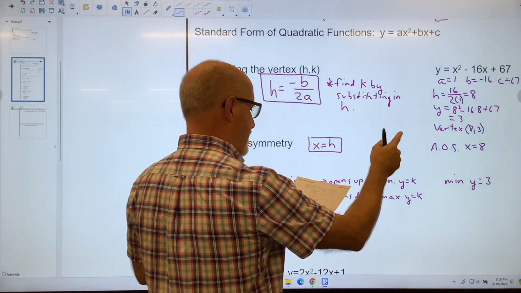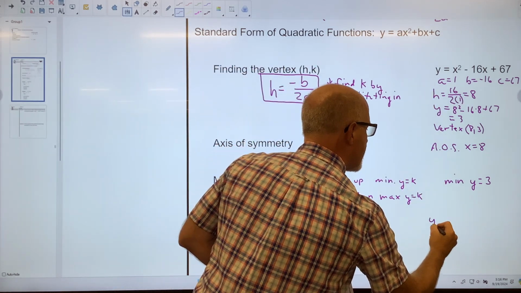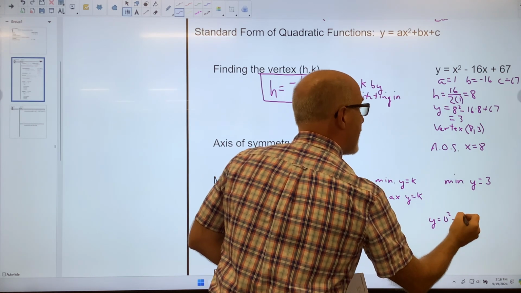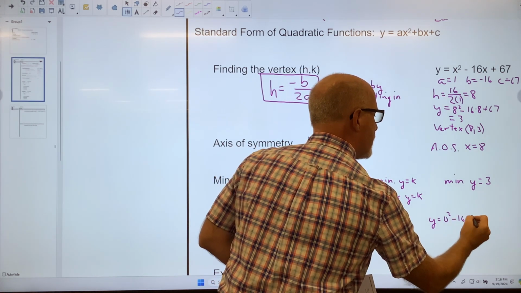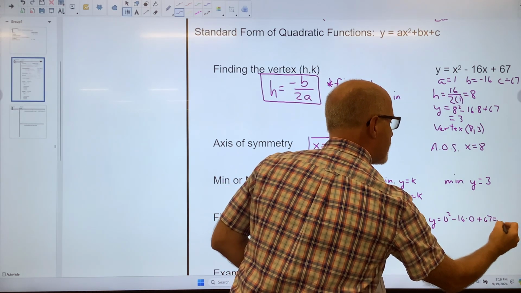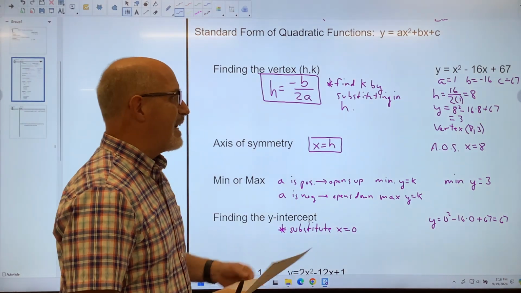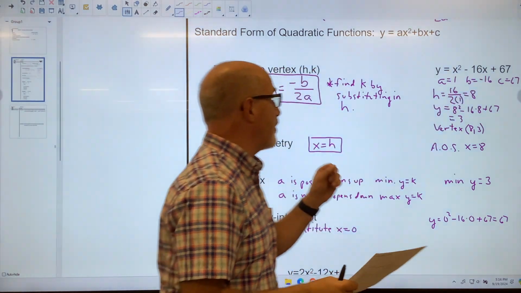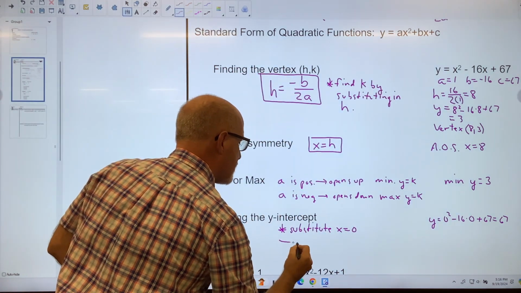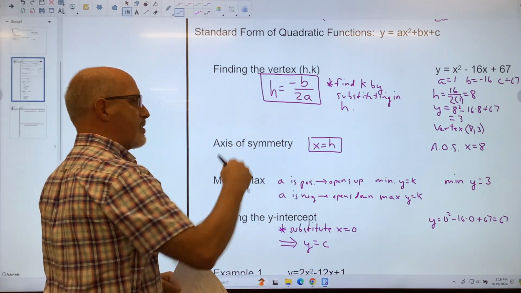So for this example, y equals 0 squared minus 16 times 0 plus 67, which is just equal to 67. That would be our y-intercept. In other words, it ends up being just the c value. In standard form, the y-intercept is just c, whatever that last term is.